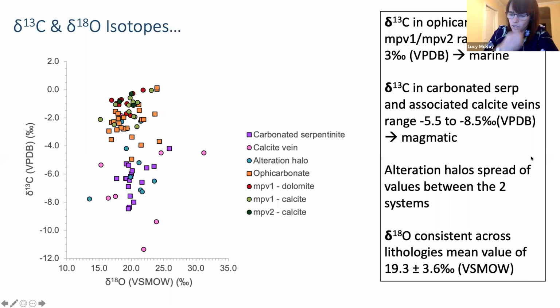In order to constrain the isotopic composition and fluid sources from which the carbonate in the Highland Border ophiolite grew, I did some preliminary measurements of carbonate delta 13C and delta 18O, and the results are shown here. You've got delta 13C ranging from 0.1 to -11.3 across all units.